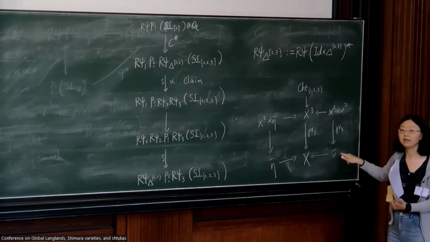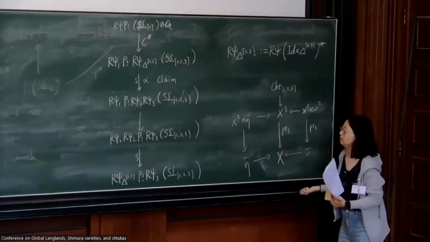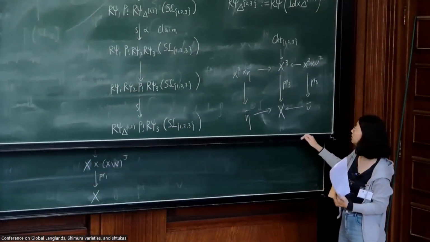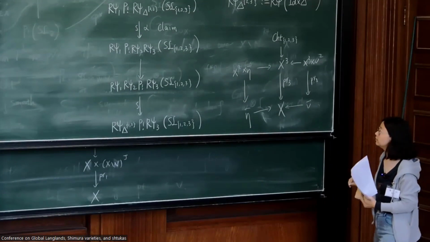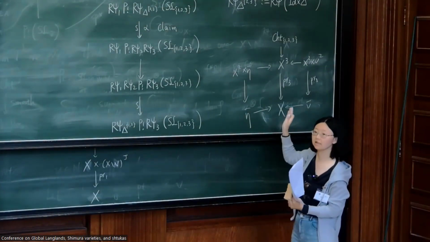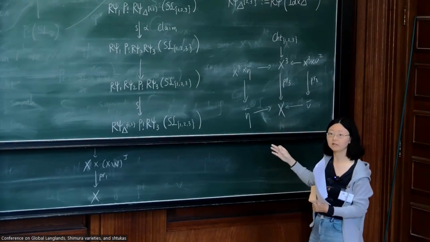The base is this one. Okay. And then I do this for the second leg. So this is the most naive definition of nearby cycle.